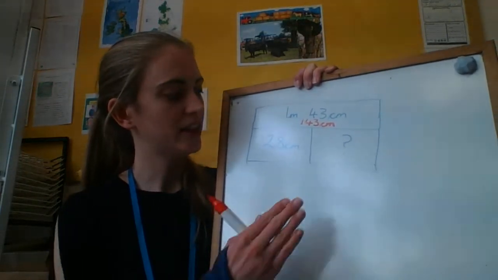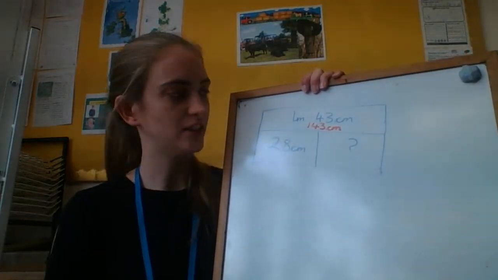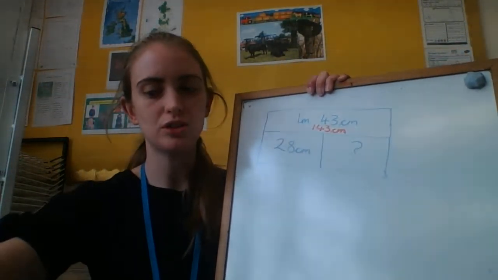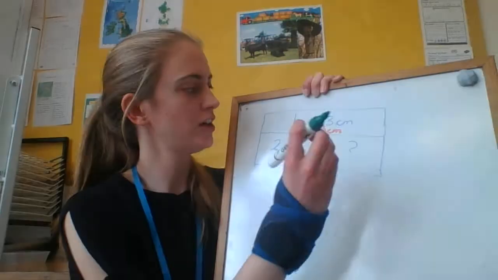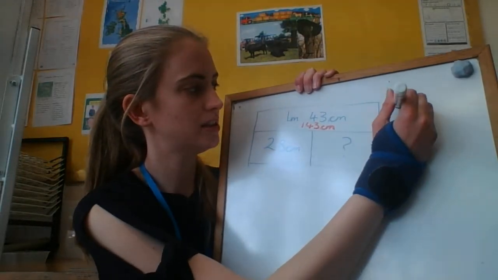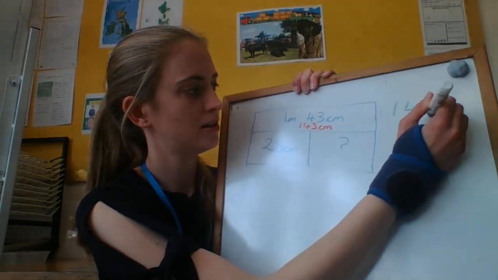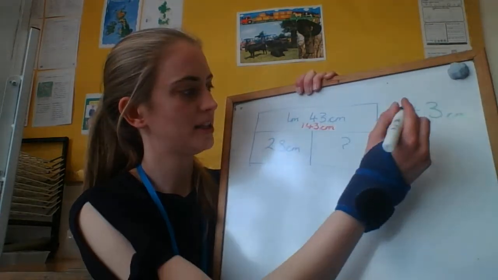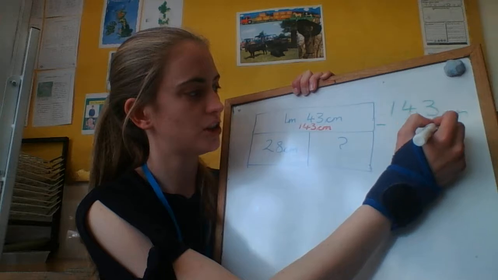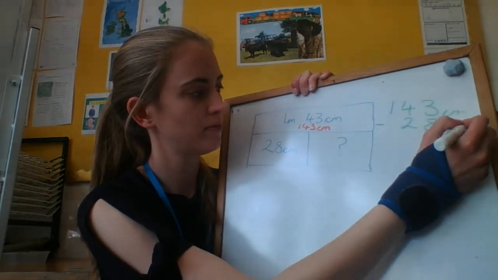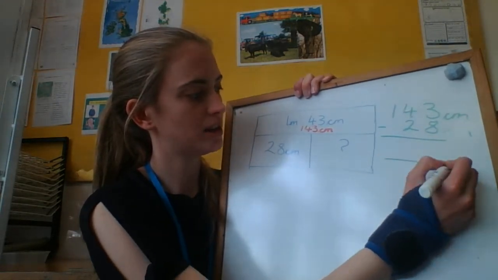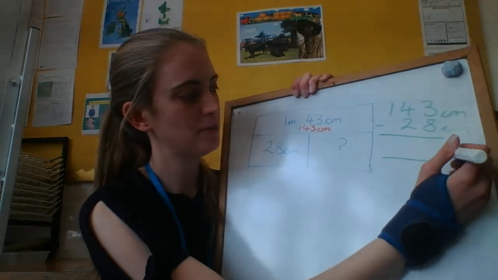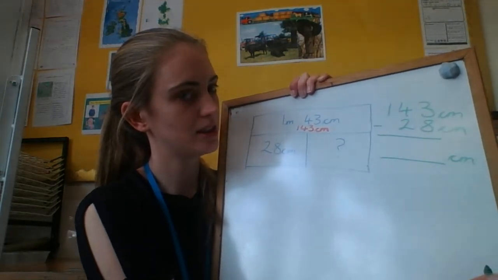Step 2 is to then do the subtraction calculation. So I want to do 143 centimetres, take away my 28 centimetres, making sure I line up those columns, and then we do the calculation, and keep my units of centimetres.